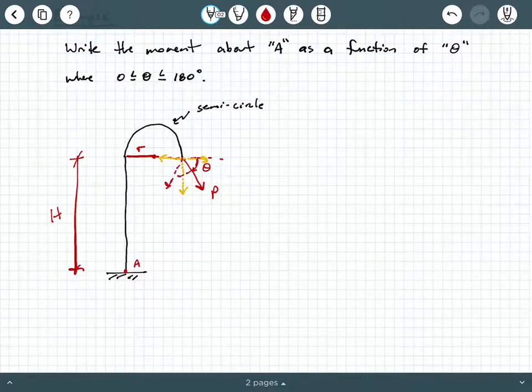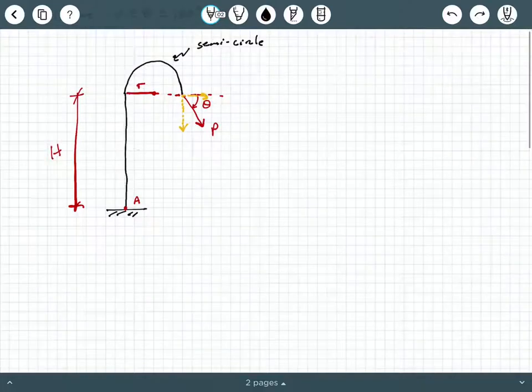But that's no problem, because we're keeping this in terms of theta, our trig operations will account for that change of sign, okay? So we're going to write everything as positive, and we can show physically how the sine and cosine operations will account for a change in sign. Let me erase a little bit of what I drew here just to make it look more clean, okay?